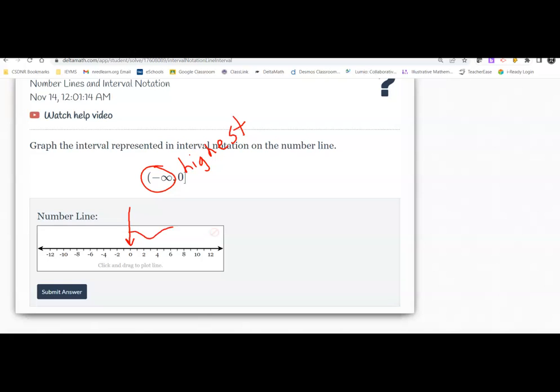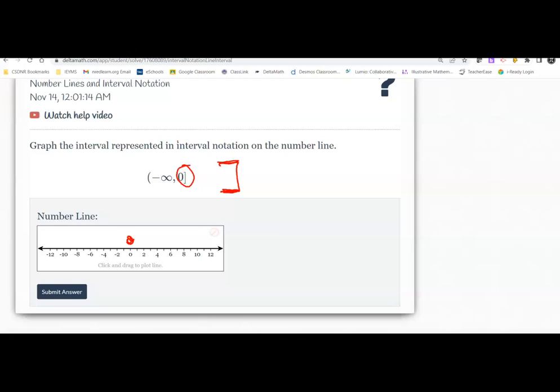We cannot go past it. So 0 is where we're going to stop today. And the question is, when you stop on 0, should you be open or closed? And this symbol tells you you should be equal to, possibly, so you're going to be shaded in or closed. So we're going to shade in that circle here.